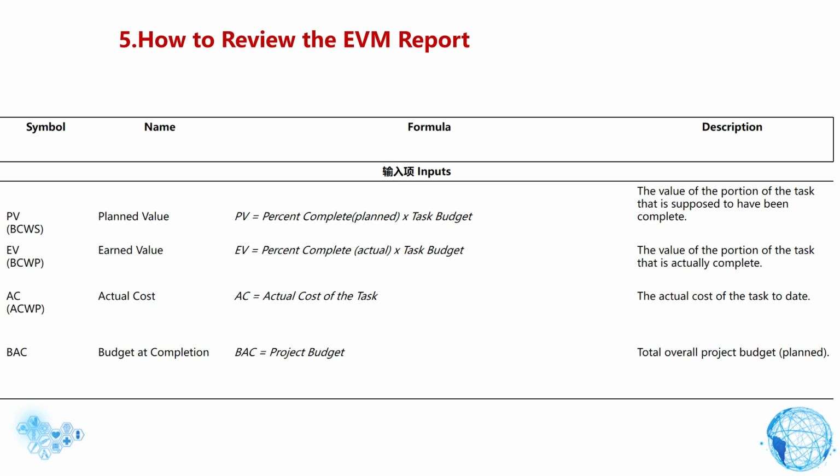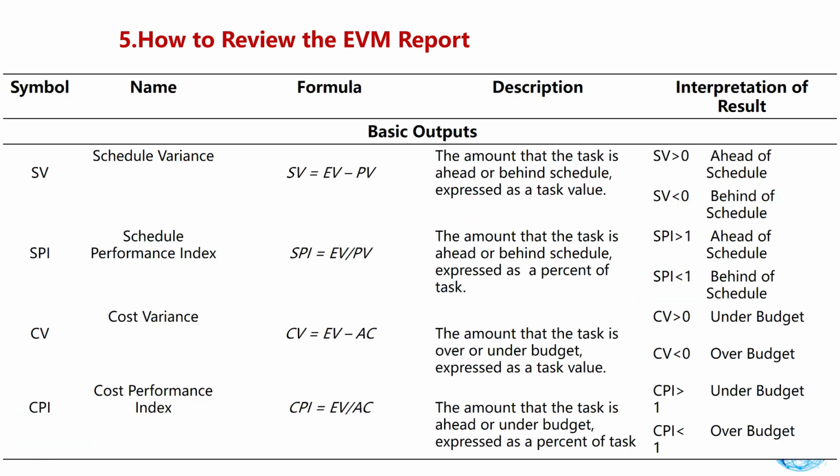BAC. Budget at completion. BAC equals project budget, the total overall project budget, planned. SV. Schedule variance. SV equals EV minus PV. The amount that the task is ahead or behind schedule, expressed as a task value.